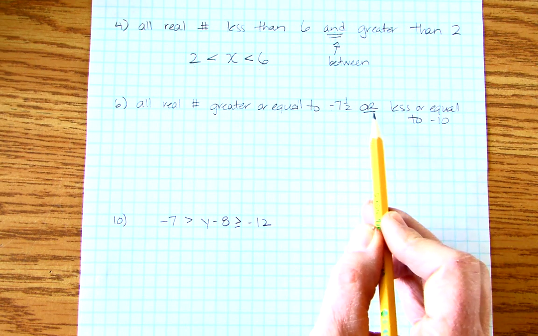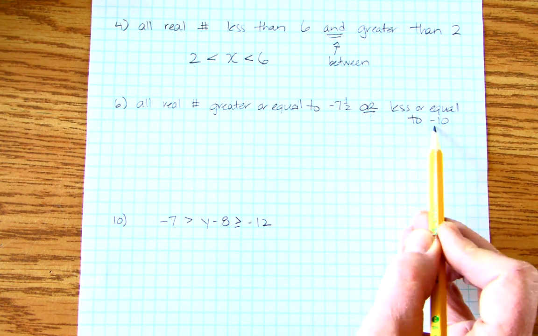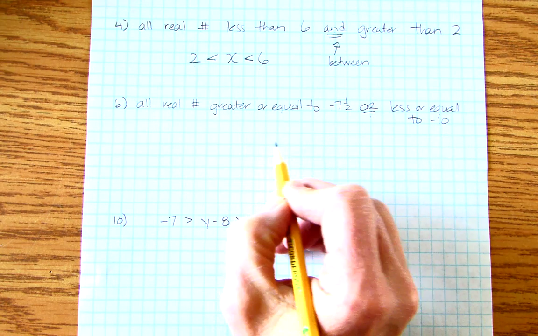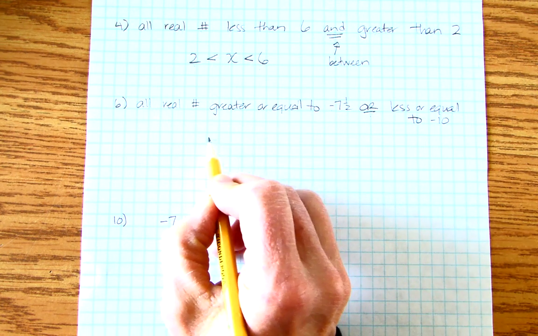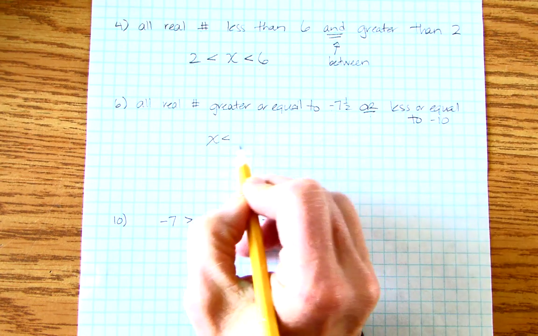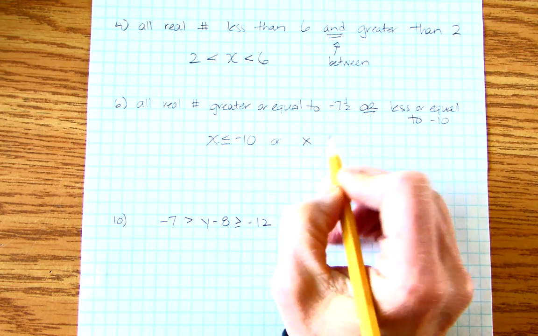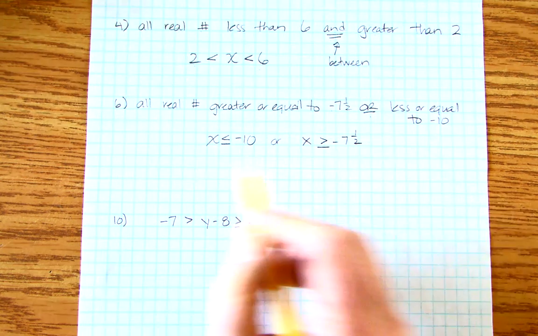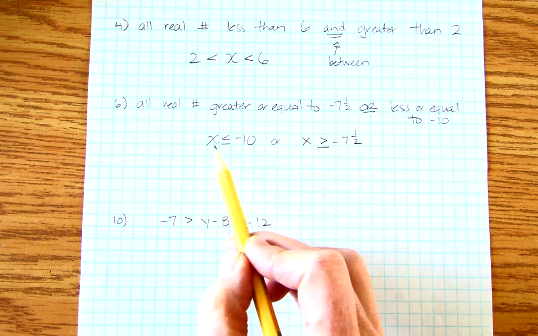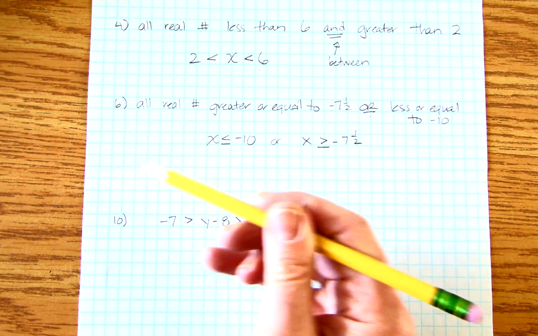The next one: greater than or equal to negative 7.5, or less than or equal to negative 10. So that means x is less than or equal to negative 10 or greater than or equal to negative 7.5.